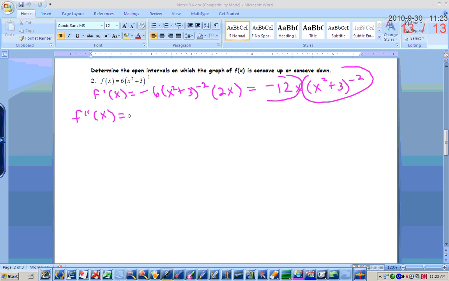All right, the derivative of the first is negative 12 times the second plus the first one, negative 12x, and the derivative of the second is negative 2 times x squared plus 3 to the negative 3 times 2x.